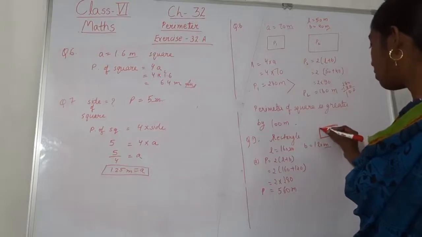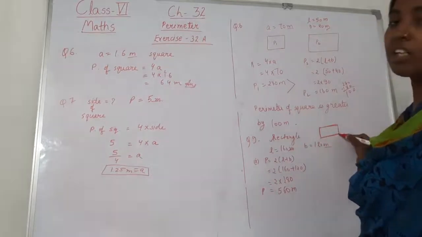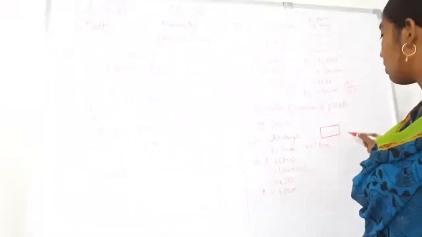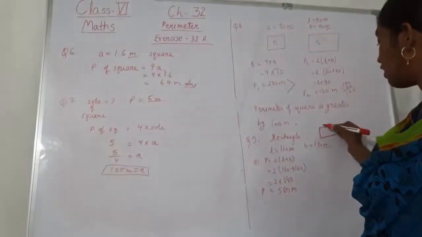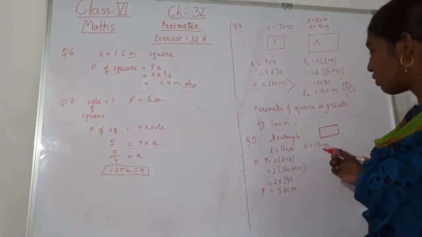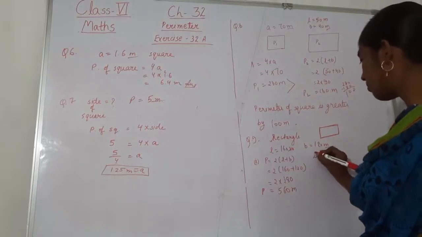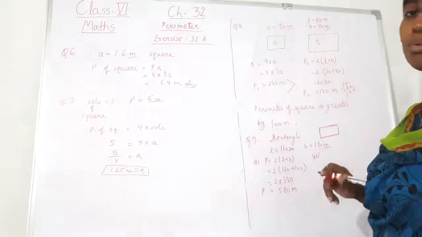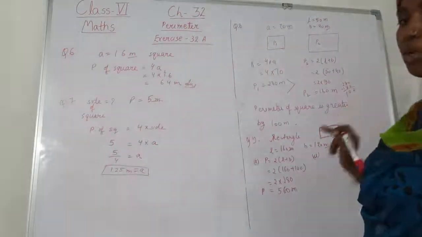If you have found out the perimeter, अगर आपने पेरीमीटर का पता लगा लिया है तो आप बता सकते हैं कि कितना तार लगेगा इसको कवर करने के लिए. So second one answer, how much wire you need to cover the field will be equal to the perimeter.